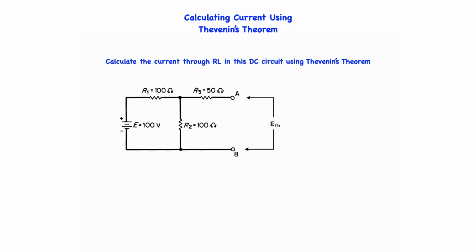Because no current can flow through R3, the voltage ETH is the same as the voltage across resistor R2. Using the voltage divider rule, we find that ETH is equal to 100 volts times the quantity 100 divided by the quantity 100 plus 100, and that is equal to 50 volts.